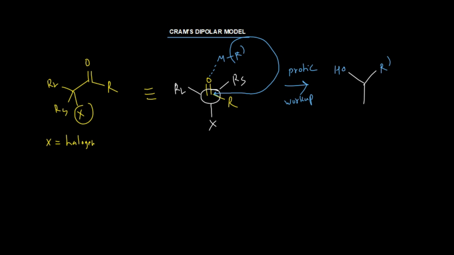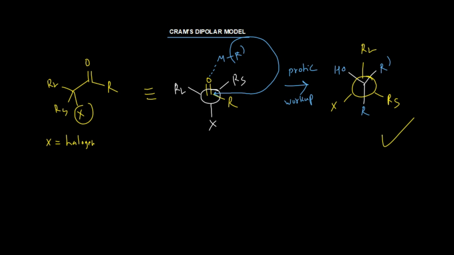And you see when this happens, this R' was here actually, and this R will be placed in this particular direction, and then you have the rear carbon, that means the back carbon, and your back carbon will have halogen here, RS here and RL here.